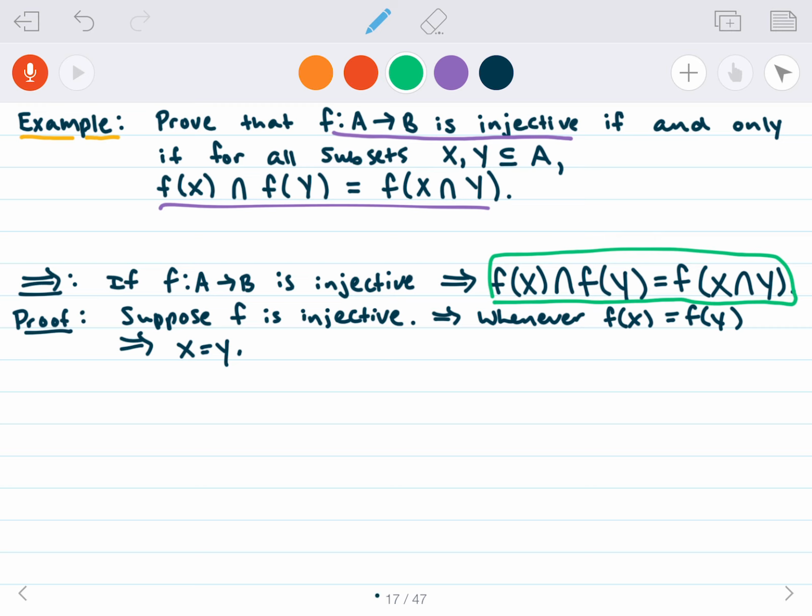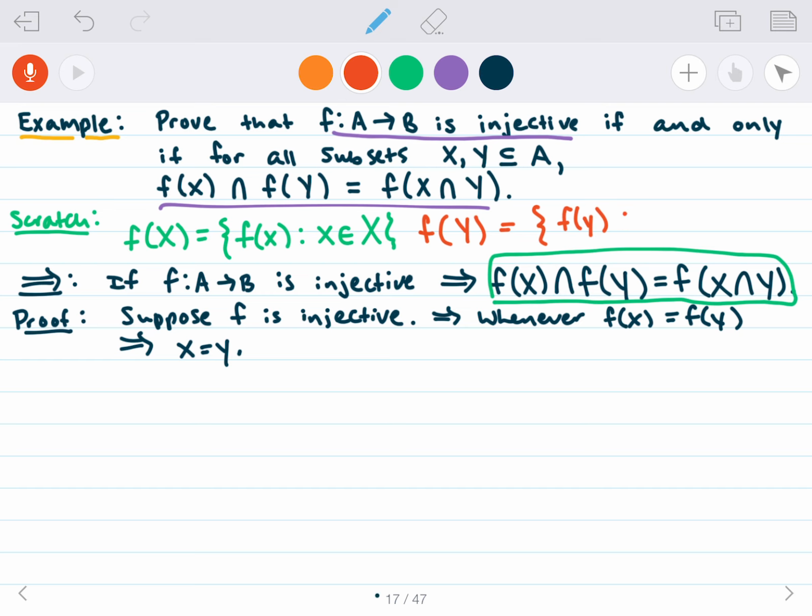These are sets, so let me remind you what f capital X and f capital Y are. I'll write this off to the side up here under scratch. f capital X is a set, and all it is, is literally the set of f of x such that little x is in capital X. And there's an analogous definition for f capital Y: the set of f of y such that little y is in capital Y. That's what these sets mean.